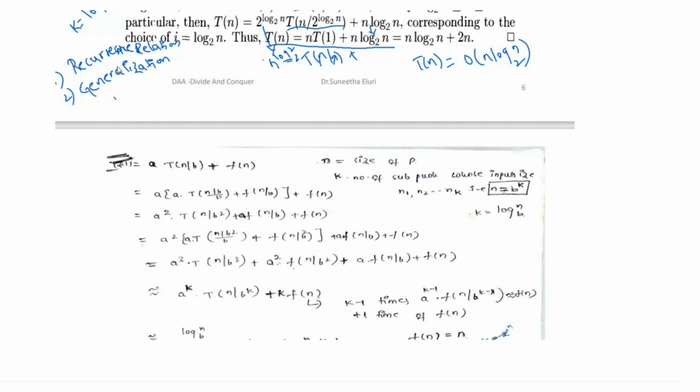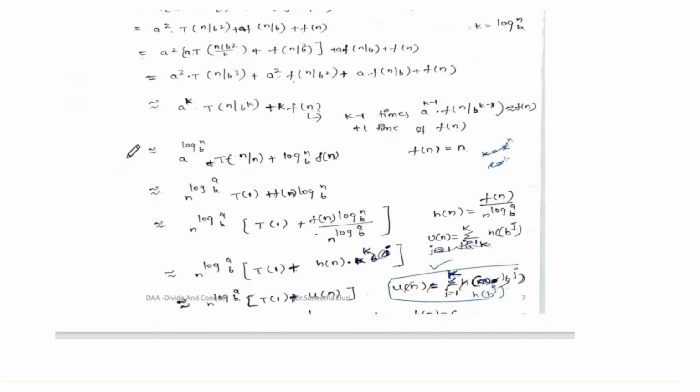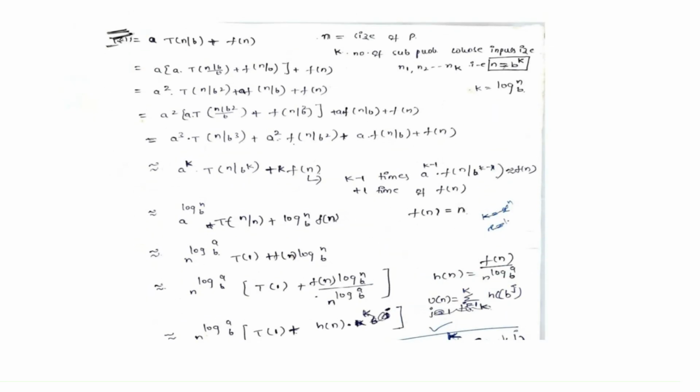In the generalization method, I would not know what my a value and what my b value are, but I am trying to generalize the equation like this. Let us consider T(n) = a·T(n/b) + f(n).